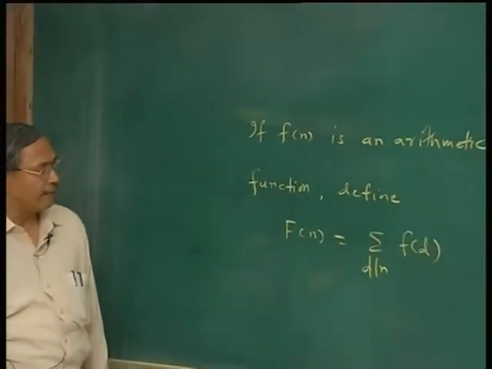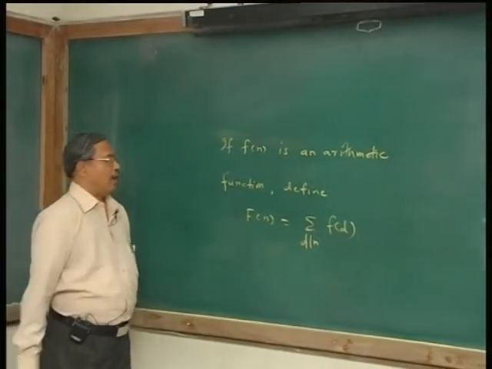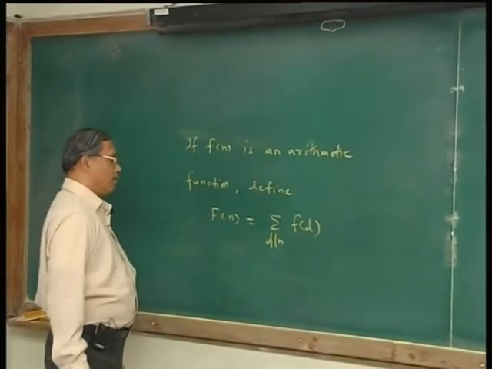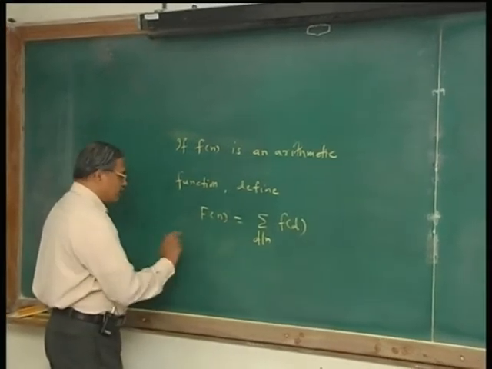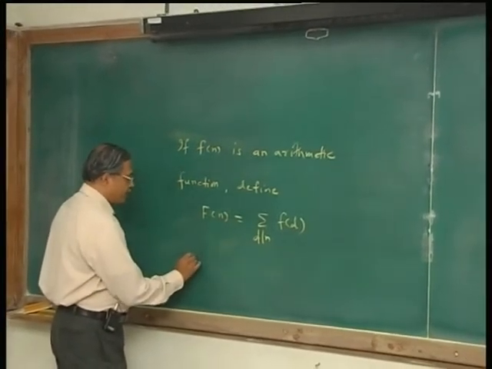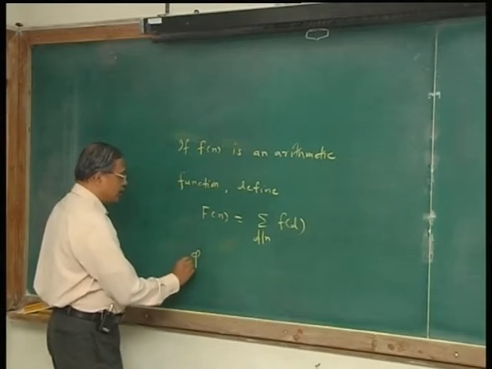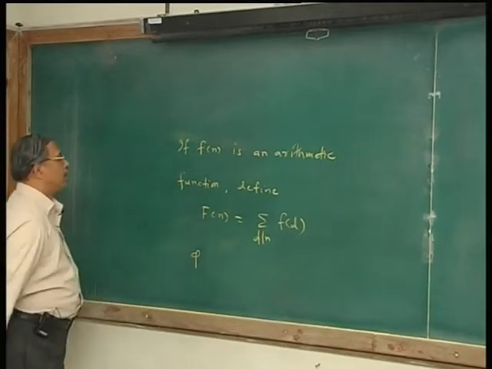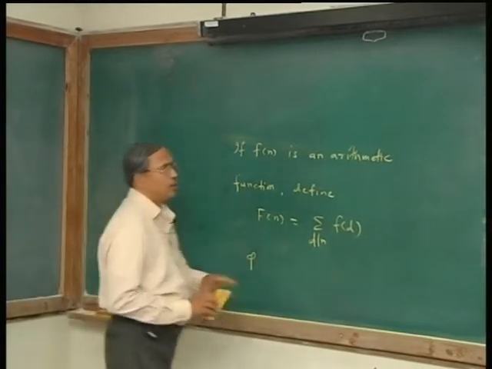This is of course an arithmetic function, and as an example we can think of, suppose the original function is phi, the Euler's function. From this you can get a new function. What is that? Let us find out.